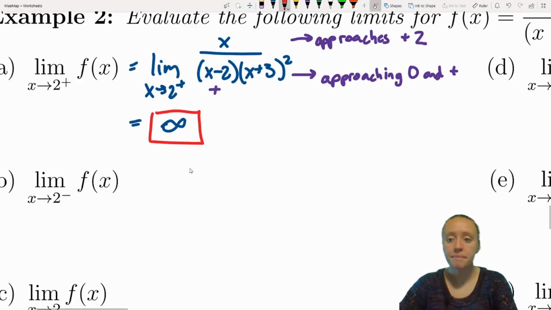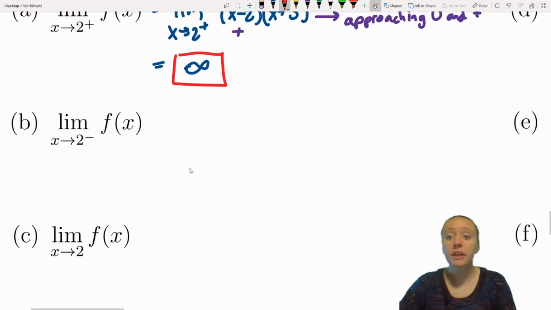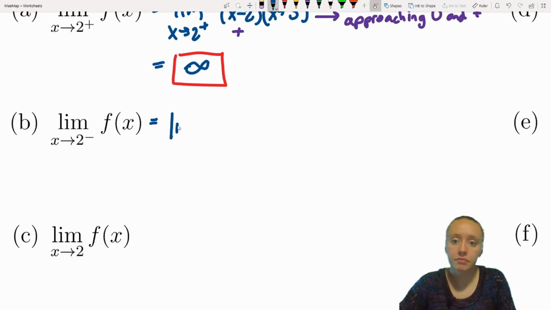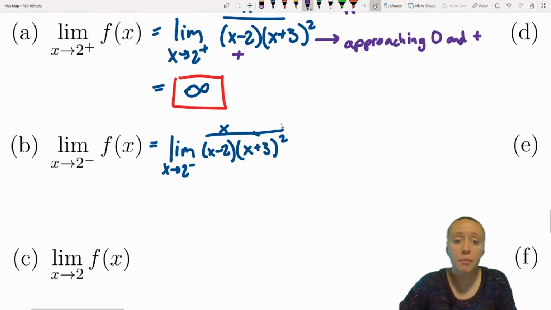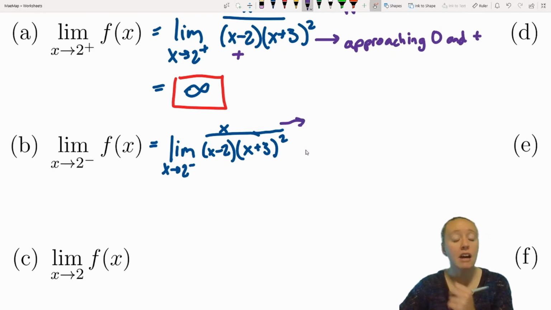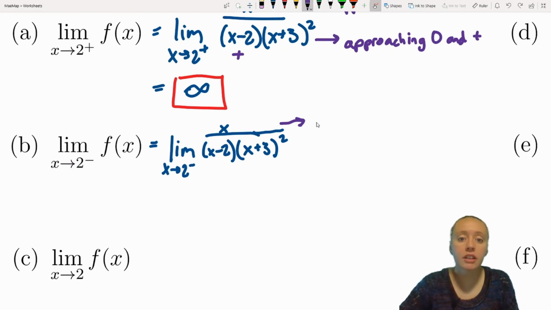Let's check out b. For b, we're now going to approach from the left side. And just like up above, our numerator is behaving the same way. Even though we're approaching 2 now from the left-hand side, we're still approaching that positive 2. So our numerator is approaching positive 2.